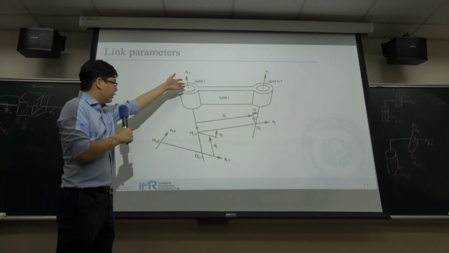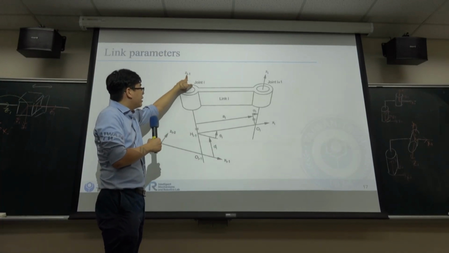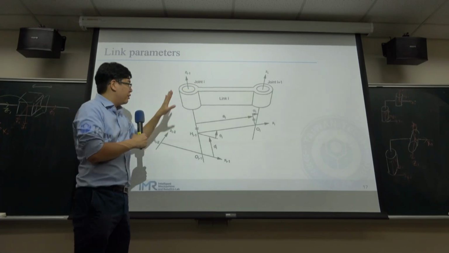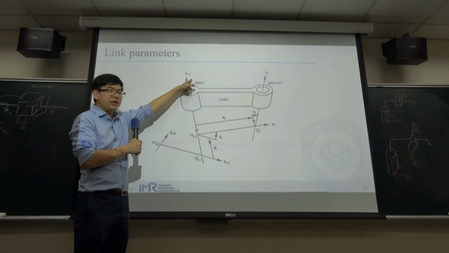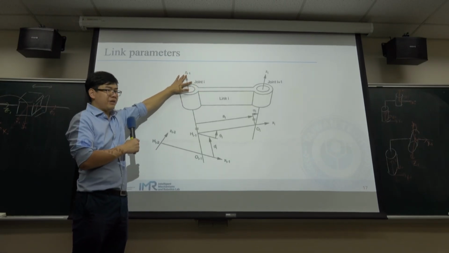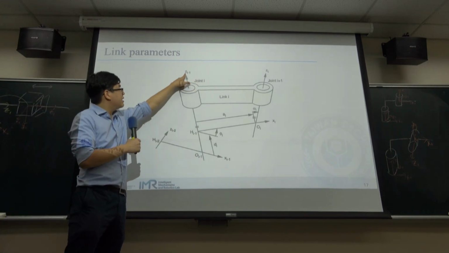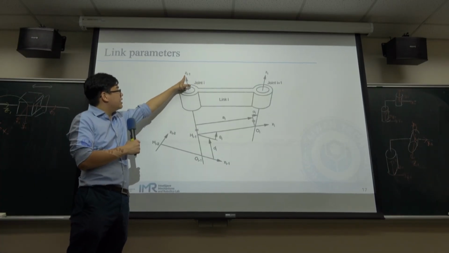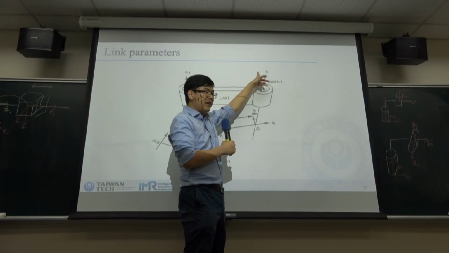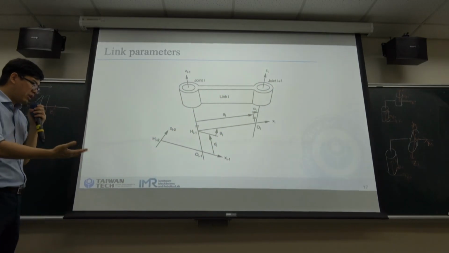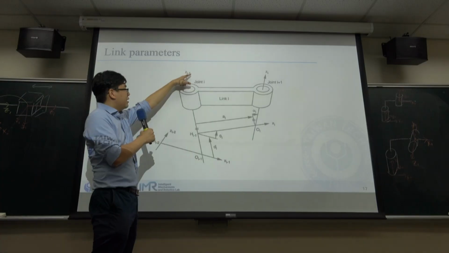In the standard DH method, the z-axis at joint i is z i minus 1, and the z-axis at joint i plus 1 is z i. It's quite confusing, but this is how it's set up. There is a difference of one between the joint number and the axis number.